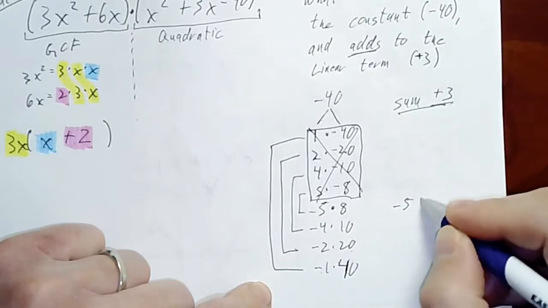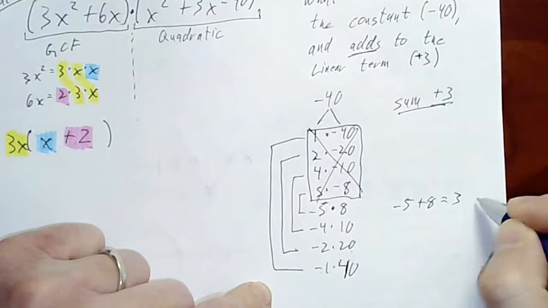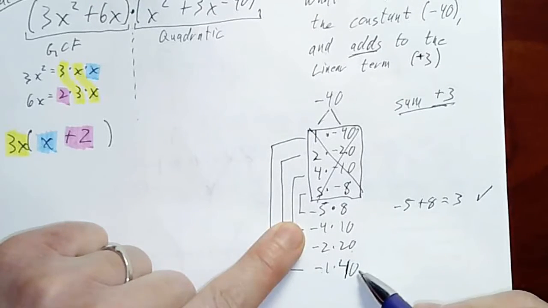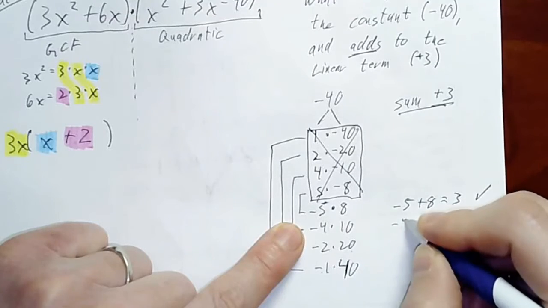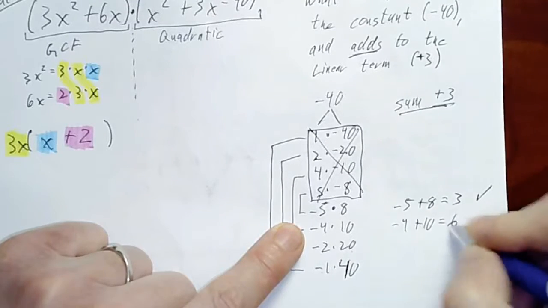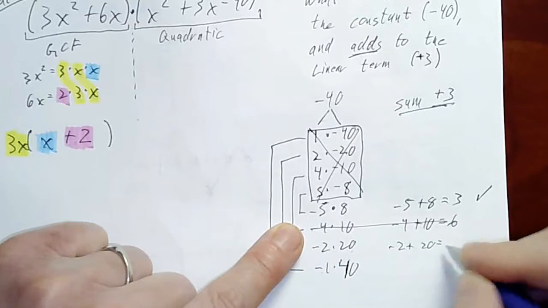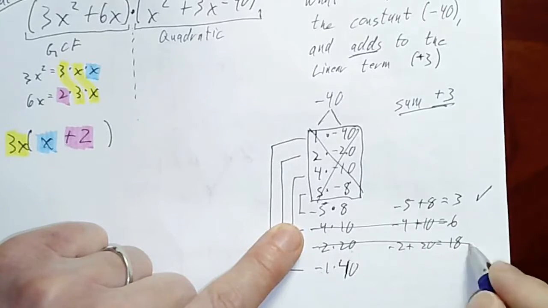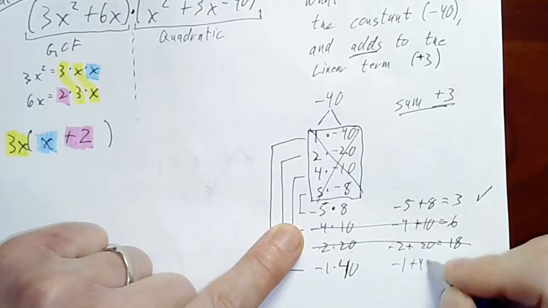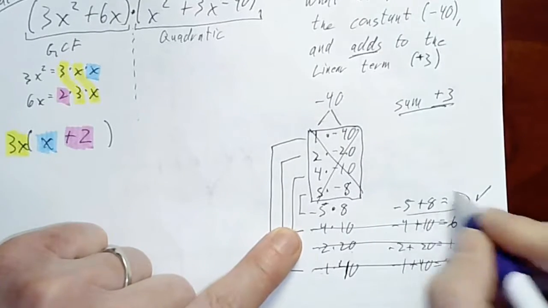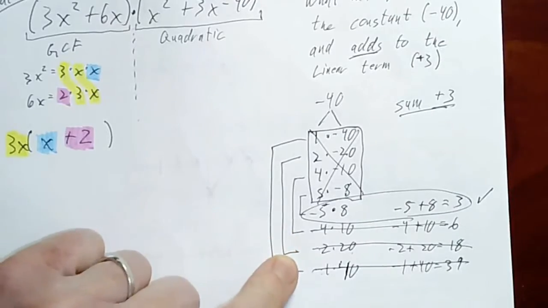Negative 5 plus 8 is equal to 3, and that's what I'm looking for. But let's just verify that the other 3 do not add to 3. Negative 4 plus 10 is 6, does not work. Negative 2 plus 20 is 18, does not work. Negative 1 plus 40 is 39, also does not work. So the only pair that works is negative 5 and 8.